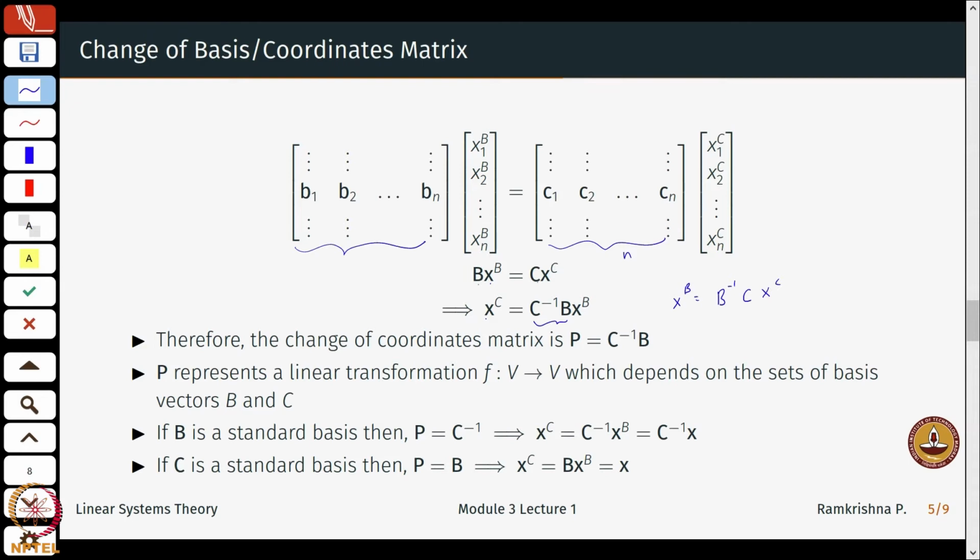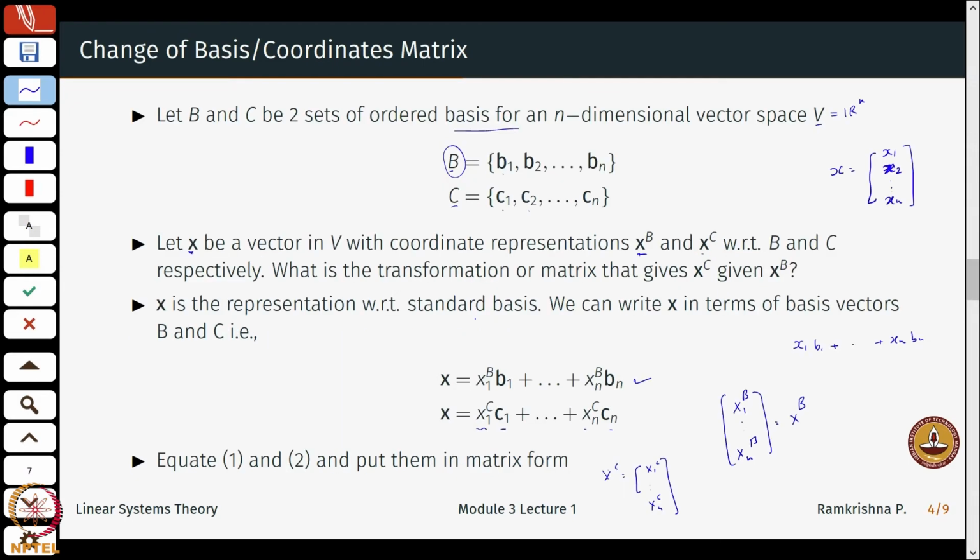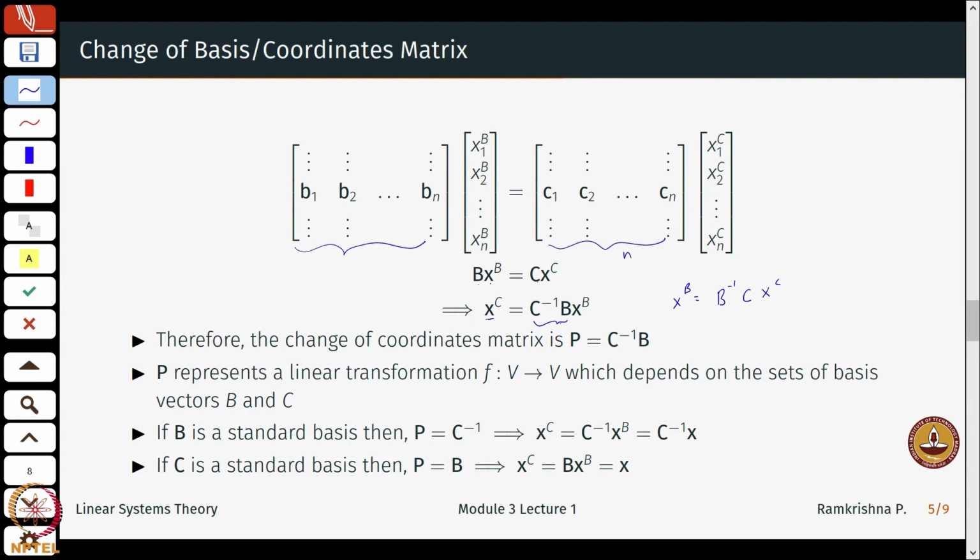I have a vector xc, and what is the matrix that transforms from xc to xb? xc is written in this basis c1 till cn, xb is written in this basis b1 till bn. So, what is the transformation that takes me from one to the other? That is simply this one.